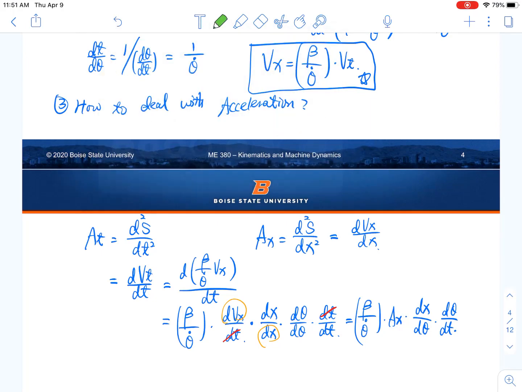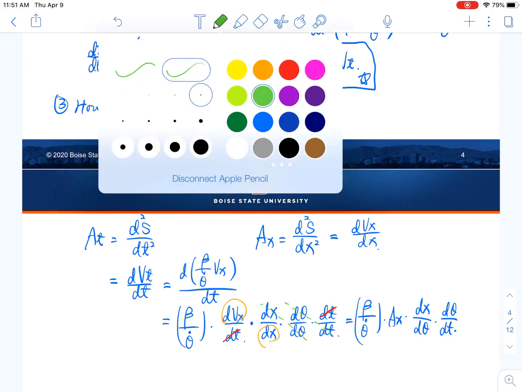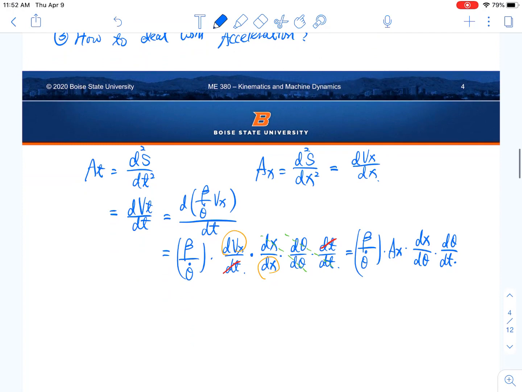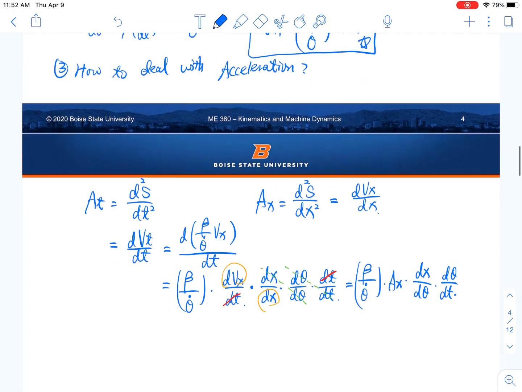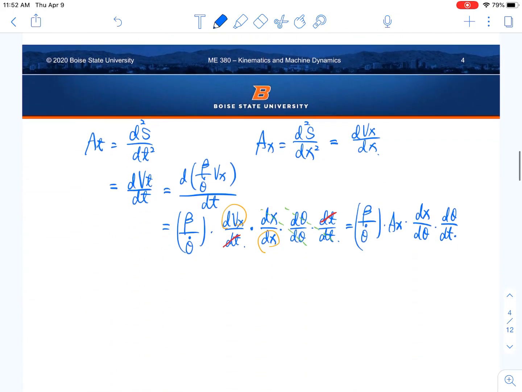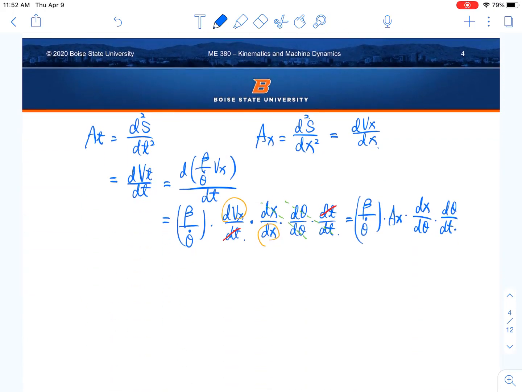And then you're collecting terms following this off diagonal direction. Okay, so again, what is dx d theta? We already calculated that in the previous step. Dx d theta is 1 over beta.